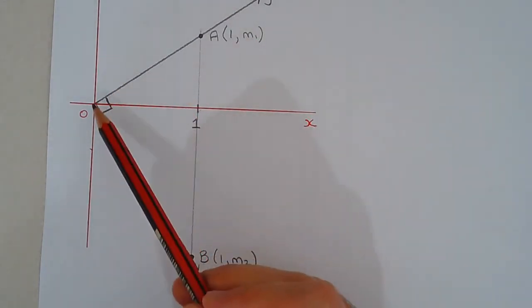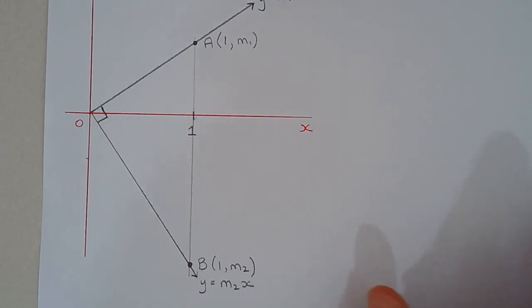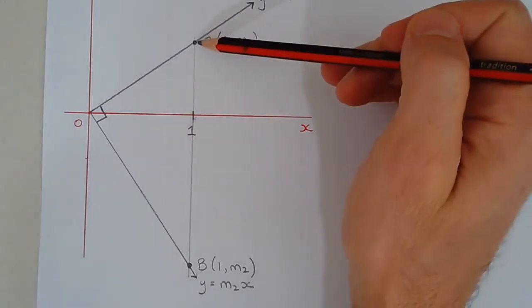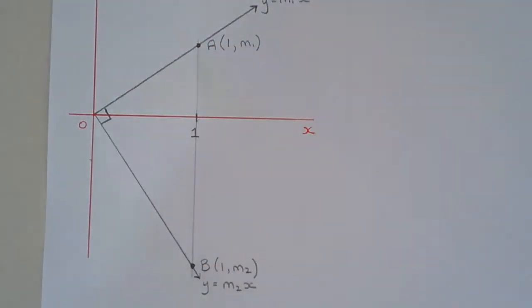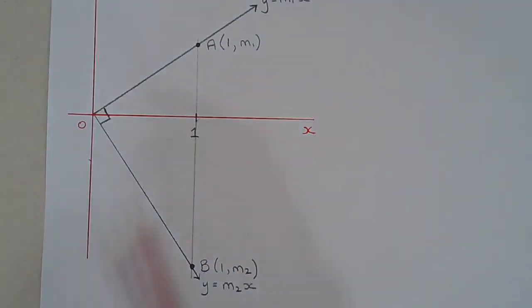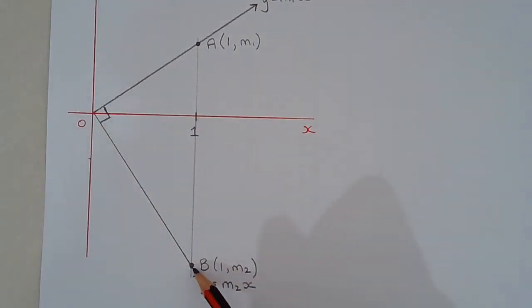Now, triangle OAB is a right angle triangle. That means Pythagoras theorem should hold true, and of course it will. The hypotenuse is shown by interval AB, and we have the two shorter sides, OA and OB.